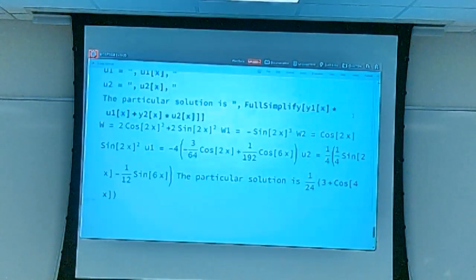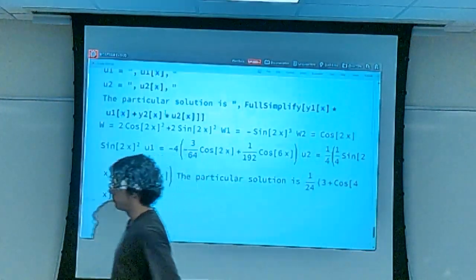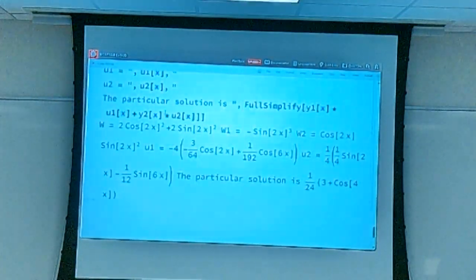Sine cubed, cosine times sine squared, yes. This is where things differ, I believe. Negative 4. All right, that's negative. Yeah, I think the reason is I just didn't fully simplify my solutions in my notes. So that was right.